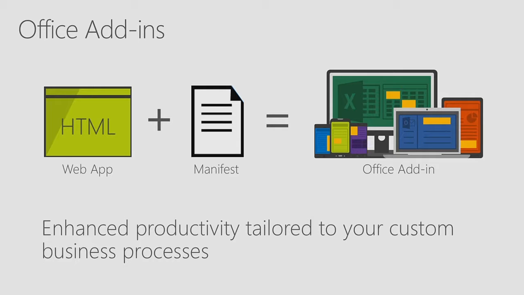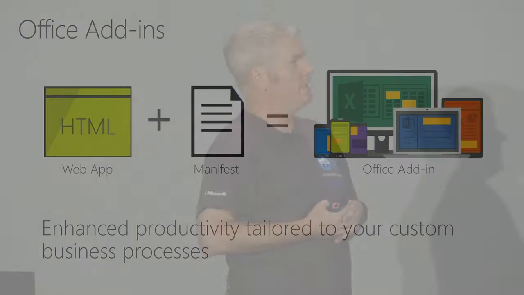Okay, so what exactly is an Office add-in? Well, an Office add-in is essentially a specialized web app. It's all based in HTML and JavaScript. Very easy to build up and deploy.